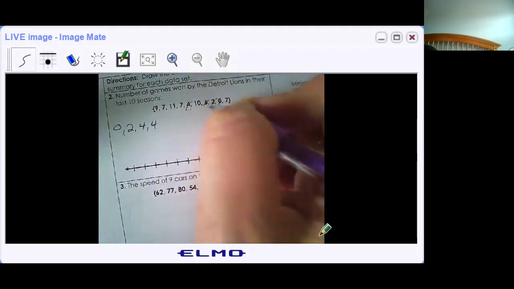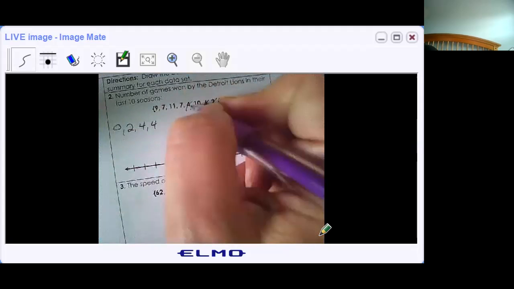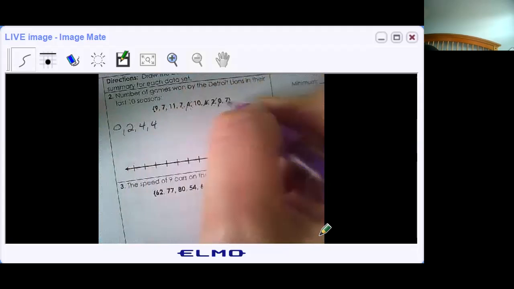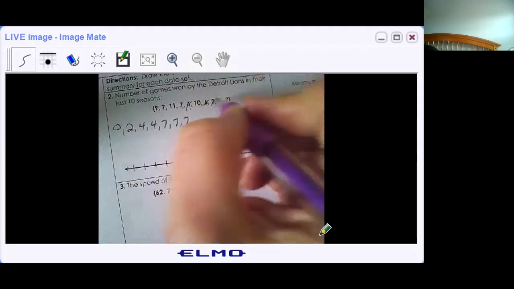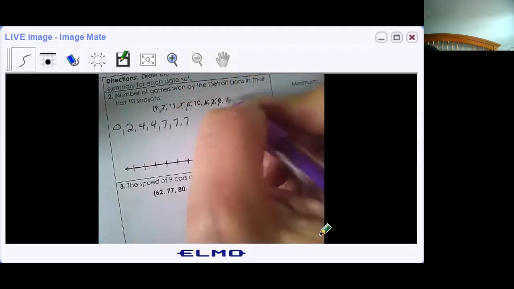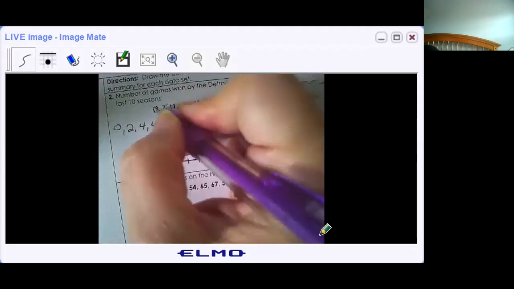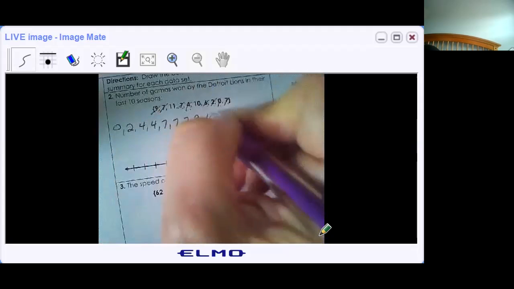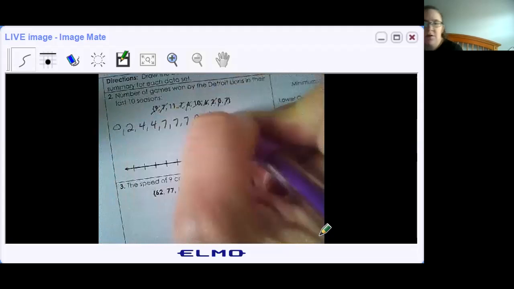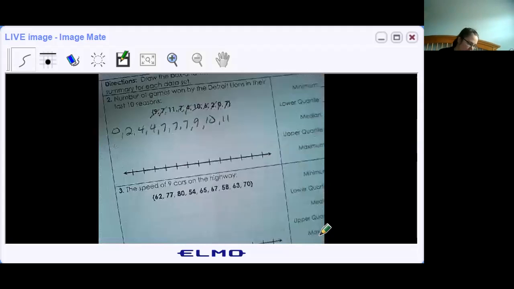And then I have 1, 2, 3 7s. And I have a 9, a 10, and an 11. So now all my data is in order from least to greatest.